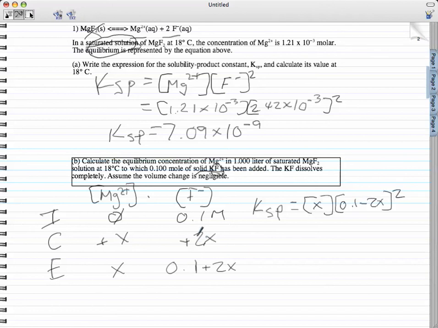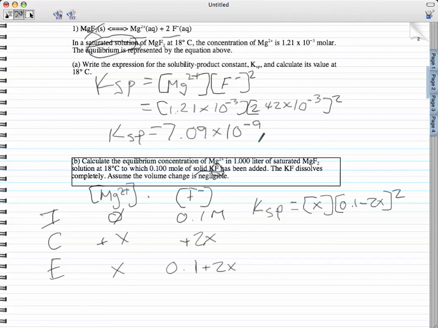So even though this can be kind of confusing sometimes, the coefficients up here are going to impact the KSP, where we're going to have to square this fluoride, it's also going to impact the X, so 2X here, because we have to take care of the coefficients as well, because it's going to be 1 to 2. Okay, and so if we do that, we're going to get this expression. We know our value of KSP, we can just plug it in later.